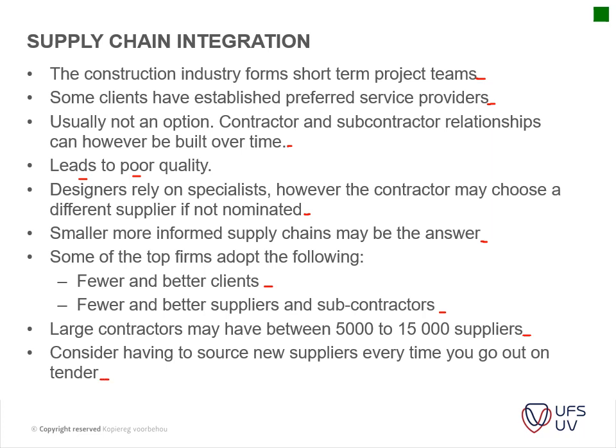If you build up a relationship with your suppliers, and now suddenly you have to go out and get new supplies each time, you have to reinvent the wheel again and build up a new relationship again. So it is a bit counterproductive to get in new suppliers each time, even if it's maybe cheaper, but obviously it depends on how much time you have.